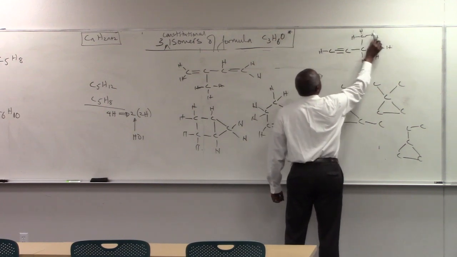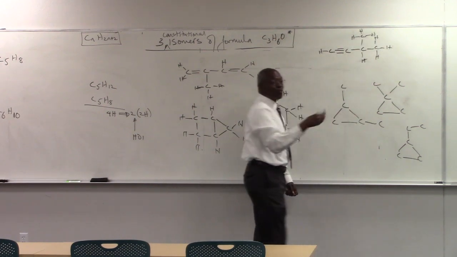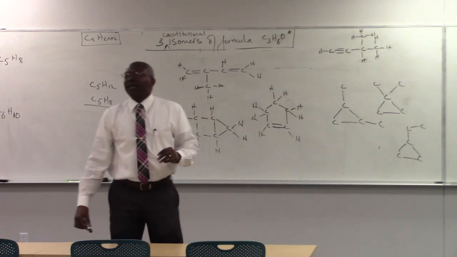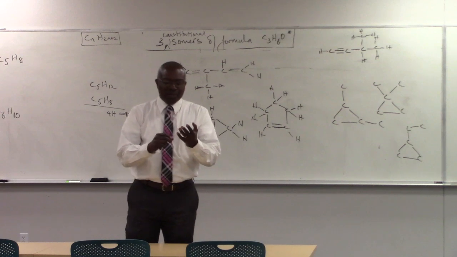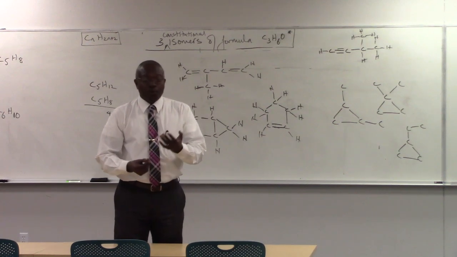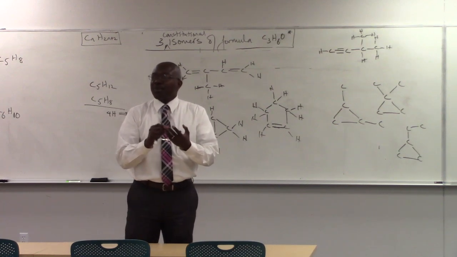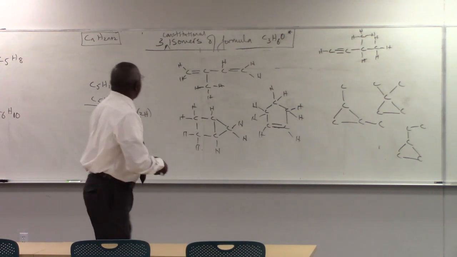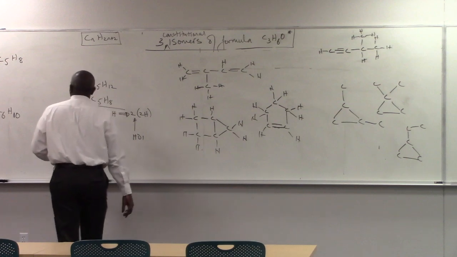So 1, 2, 3, 4, 5, 6, 7, 8. It has to work out. If you find it doesn't work out, it means you've done something wrong. Either you have the wrong number of carbons, or you haven't paid attention to the number of indices of hydrogen deficiency. Okay? All right.